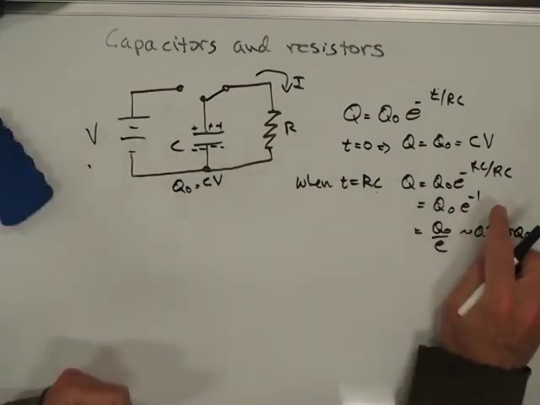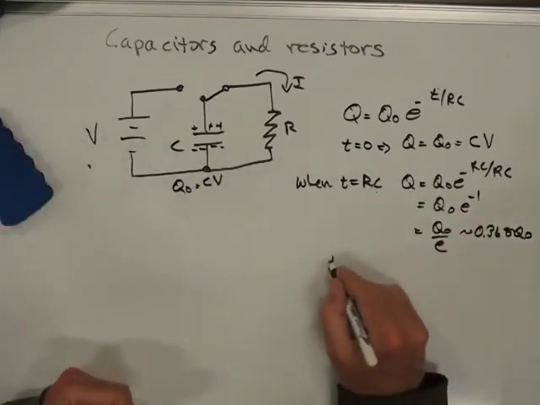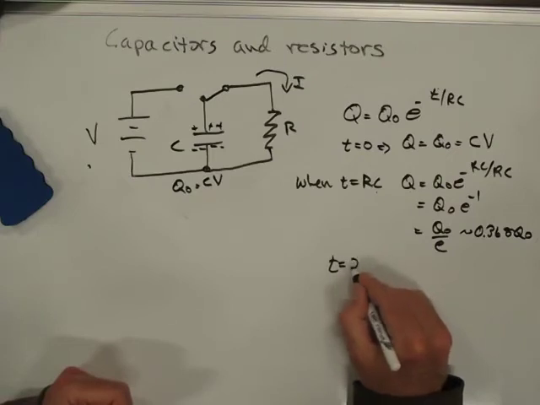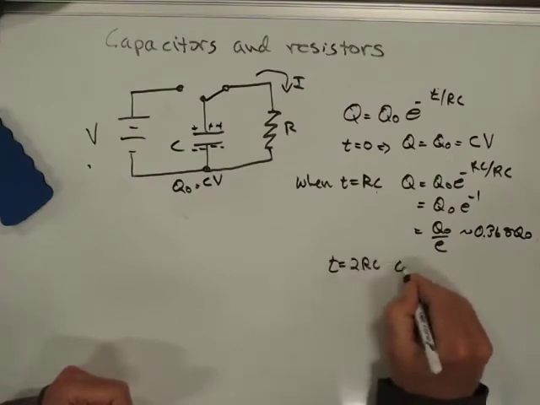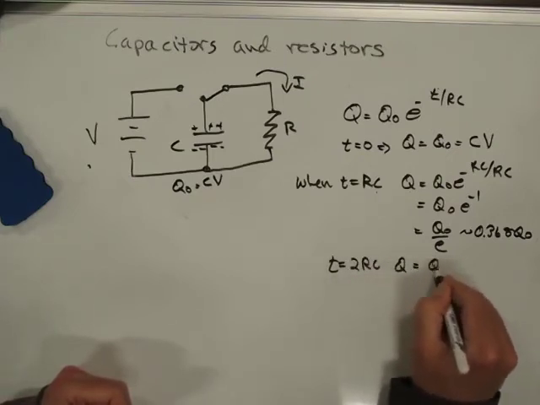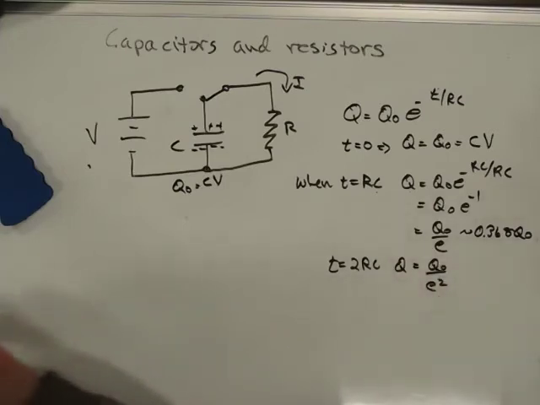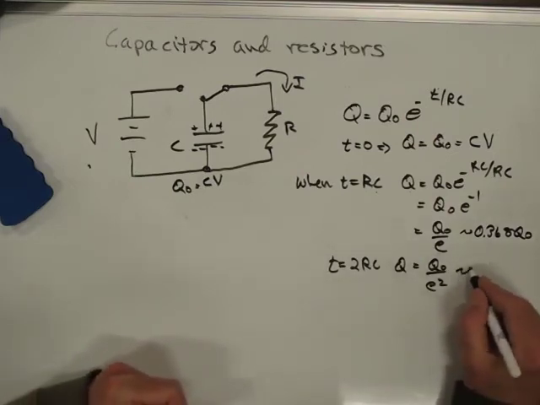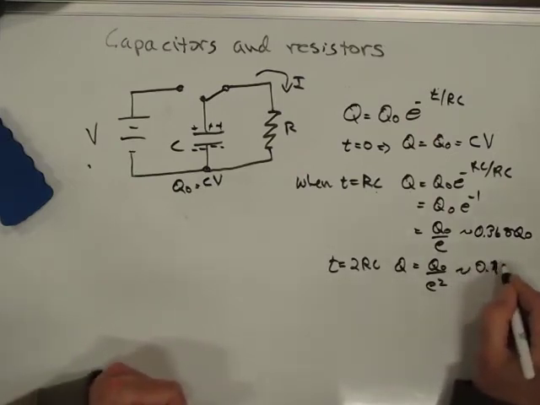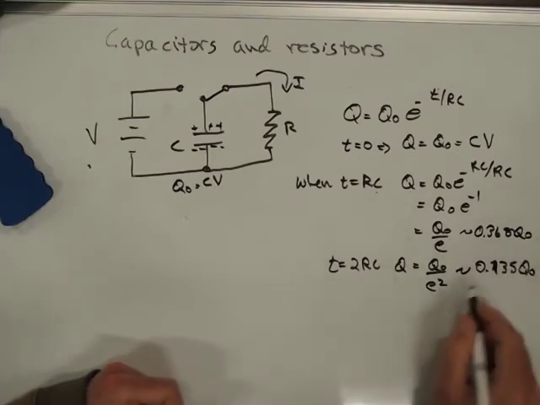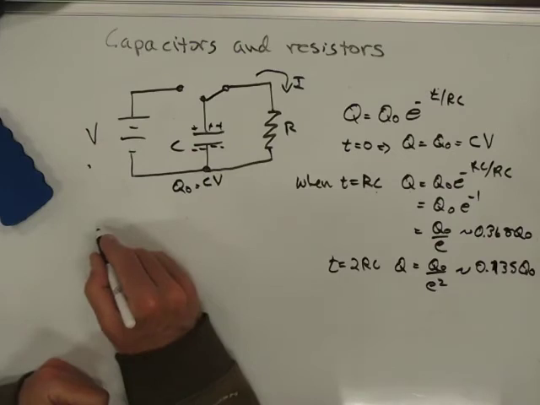And so when t is equal to 2RC, Q is equal to Q naught over e squared, which is about 0.135 or something like that. And so on.